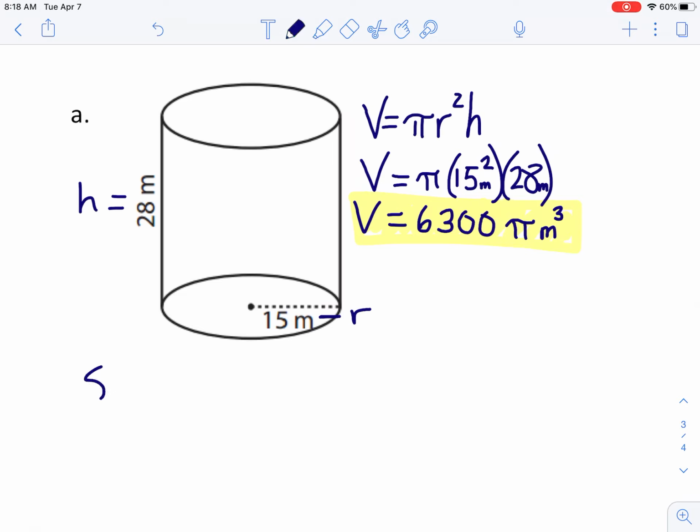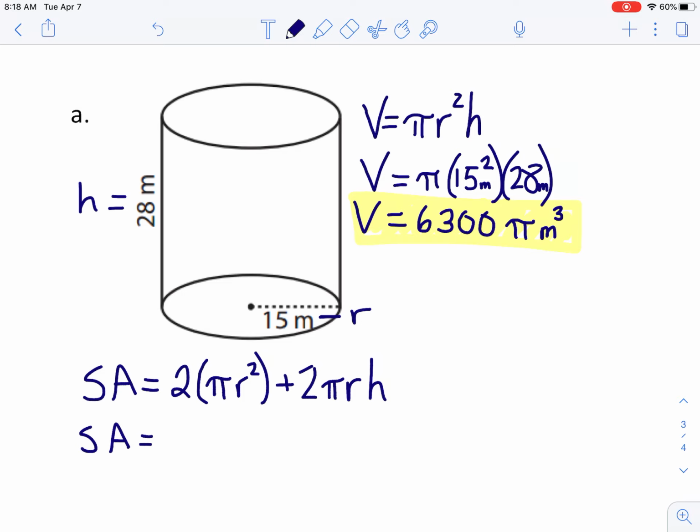And then they want the surface area. Surface area is the 2 circles plus the 2 pi r times the height.